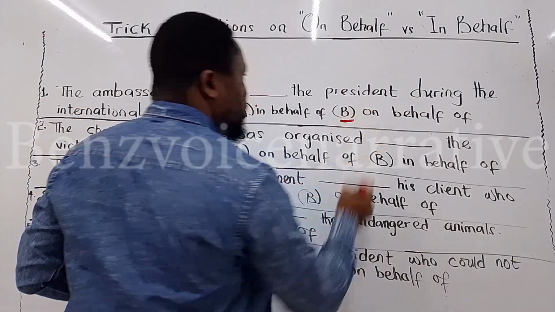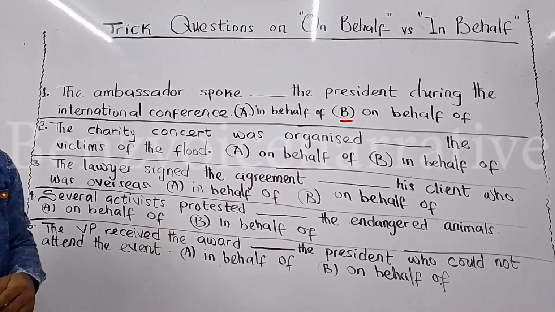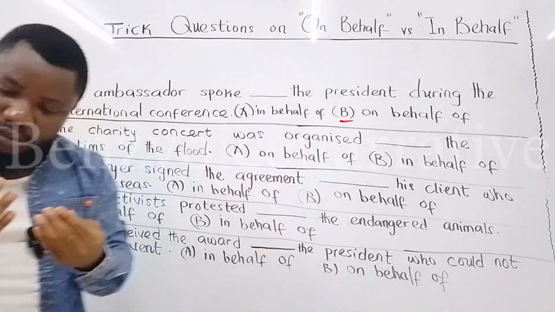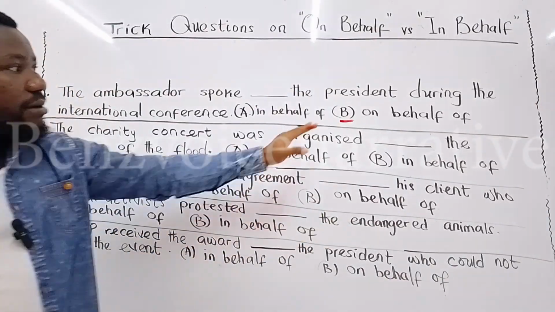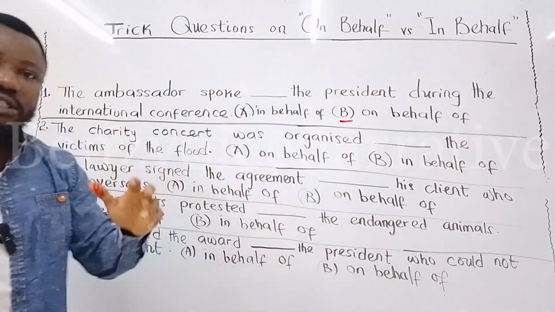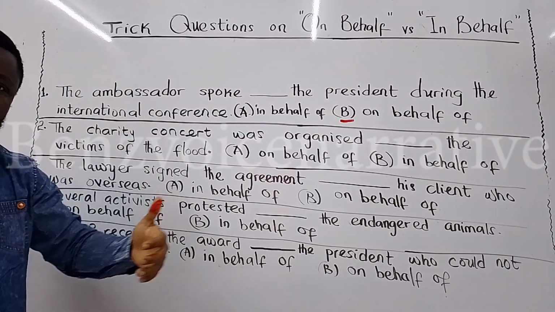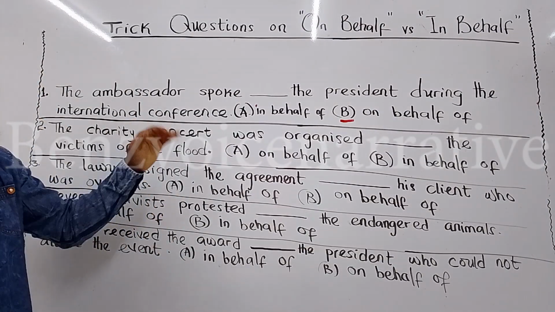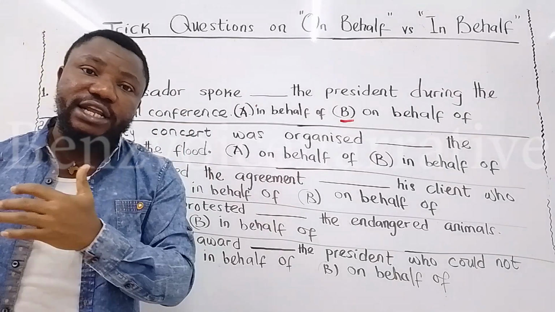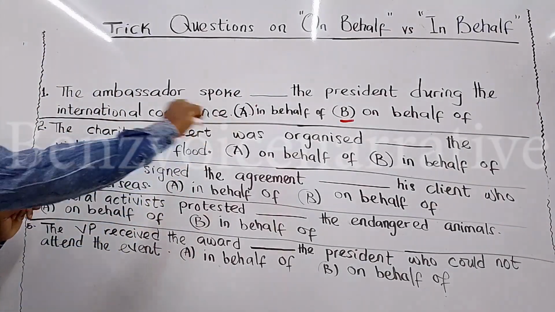So that's why option B is the right answer for the first question. Again, B is the right answer because "on behalf of" is used in the capacity wherein the subject is acting as a substitute, as a representative for another person.